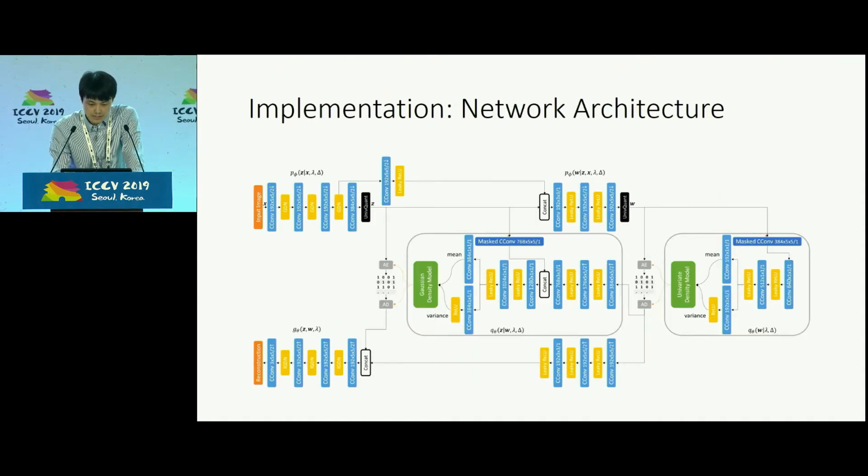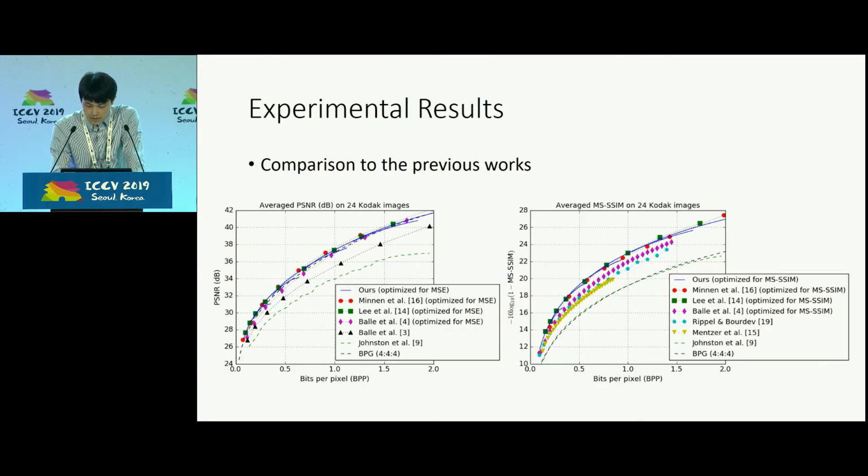Here are some details. We compare our method with the previous work, and our method performed comparably to the state-of-the-art learned image compression schemes, but we emphasize that we only train one model and use one conditional network to obtain the whole RD curve, while the previous methods trained many networks to obtain each point in the figure.